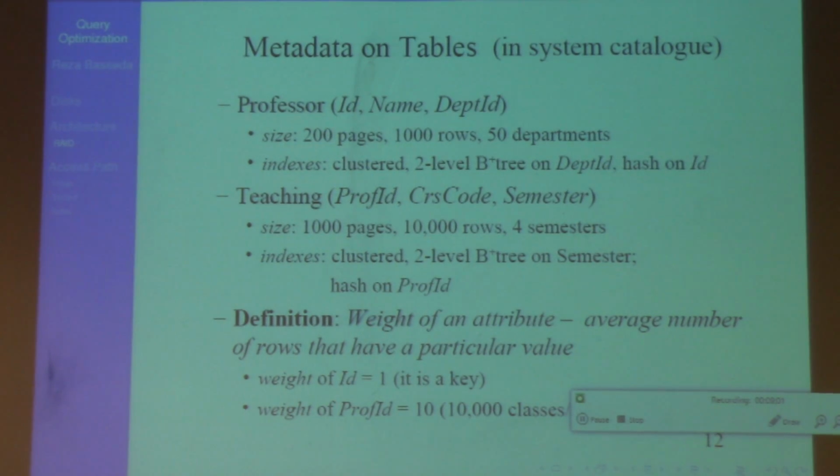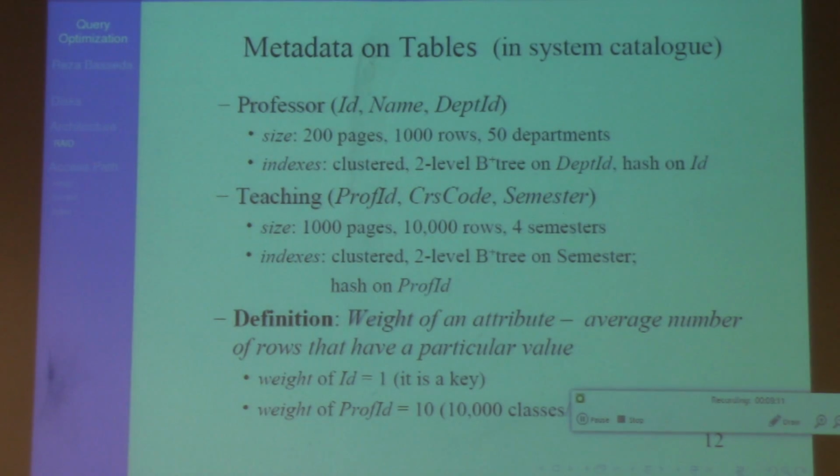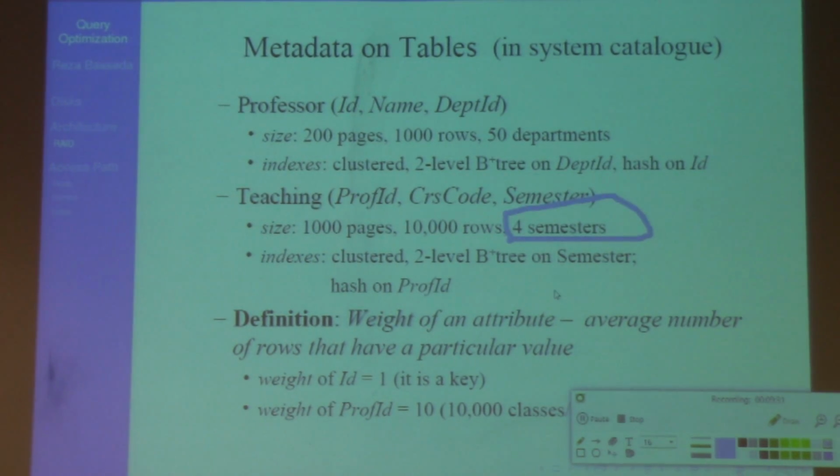So, consider the previous execution plan. Is that a good plan for this specification? Remember our discussions about indexes. First of all, this is a very dumb index. 4 semesters, and you have a clustered 2-level B+ tree.